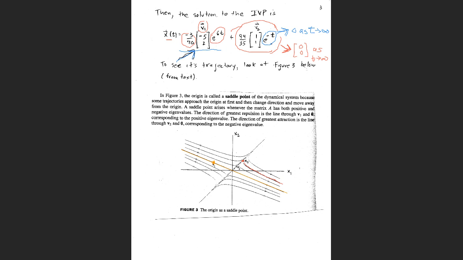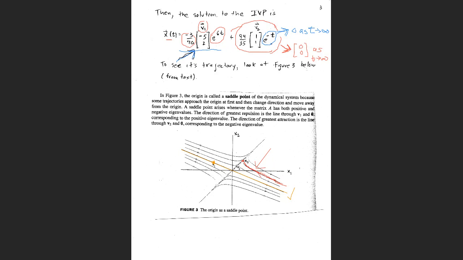So you see here how the solution, x of t, which we have up here, the position vector, but the solution right here in red, that solution is basically looking parallel to the line that passes through the eigenvector v1 and the origin.